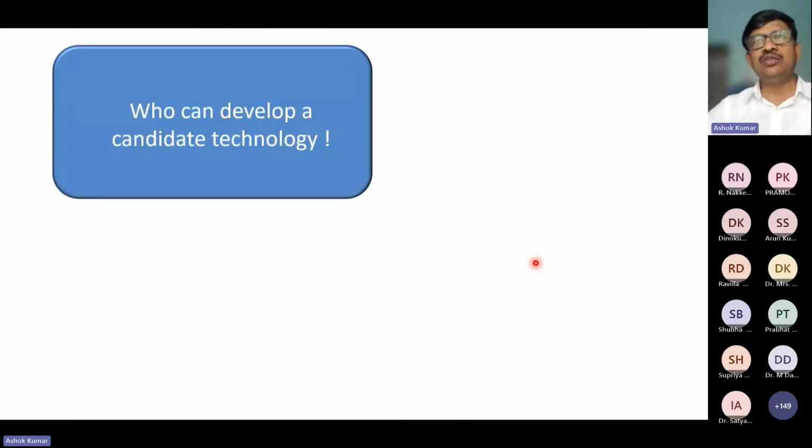Suppose ITU has created its vision, framework, and requirements, the documents which I showed you. Then my question is, who can develop a candidate technology meeting the requirements of the ITU documents? Any one of you want to answer? Just 3GPP people.